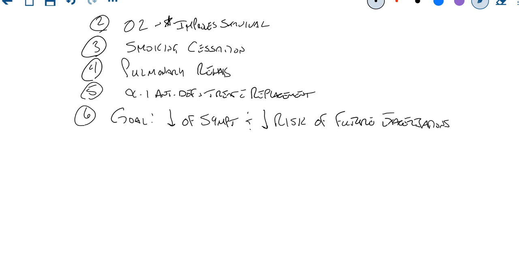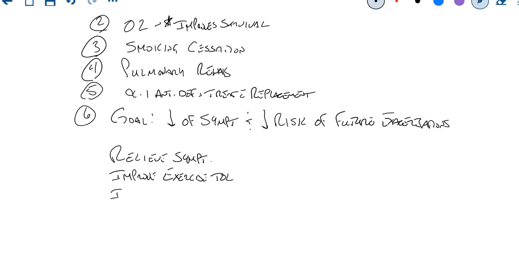So if we're talking about symptom reduction, we're wanting to relieve symptoms, right? We're wanting to improve exercise tolerance. And we aren't talking about, again, training for a marathon. We're focusing on ADLs.